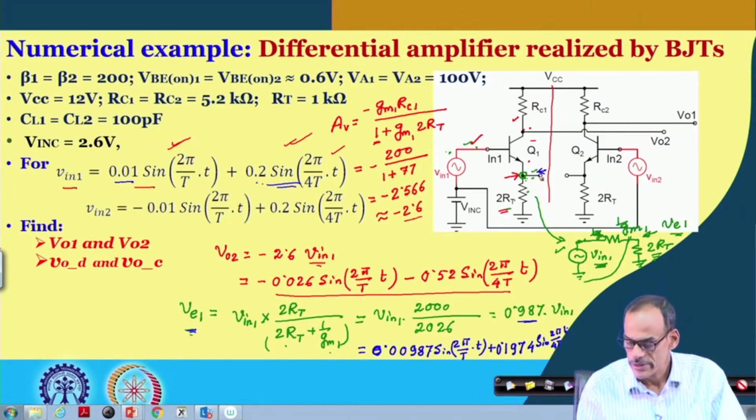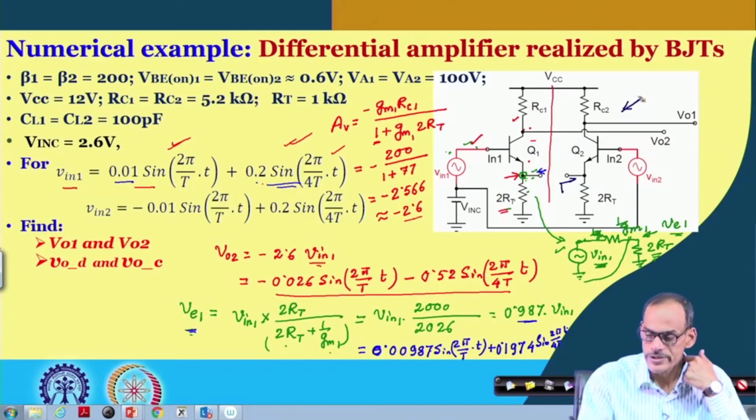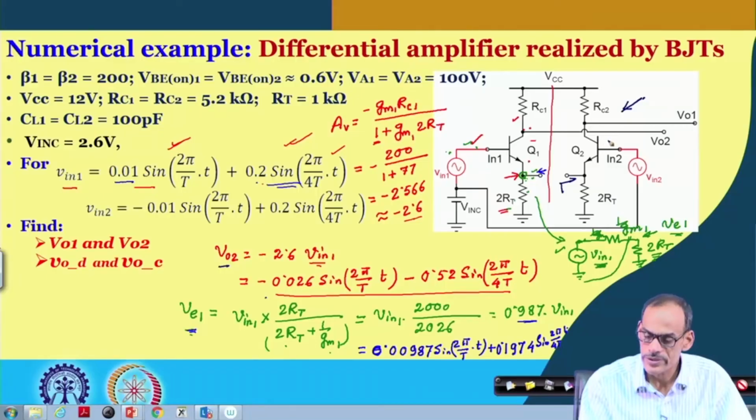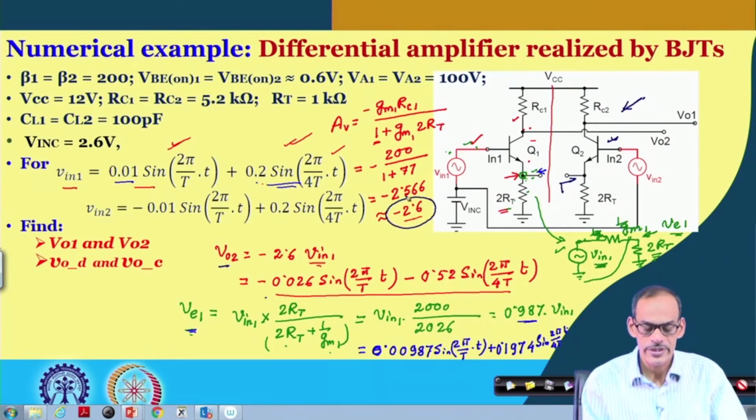In fact, similar kind of things you will be getting at the other side, namely at this point, and likewise here also you will be getting the signal. So, the signal coming here will be similar to whatever we obtained, namely the gain of this transistor along with its bias arrangement will have the same gain of minus 2.6.